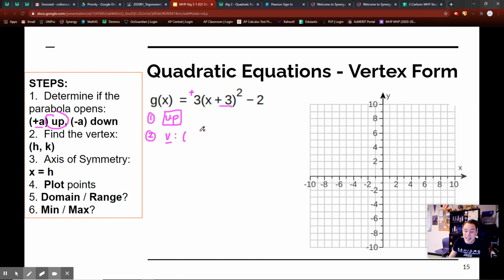I'm not going to take that positive 3 because there's a built-in negative that says minus a negative 3. So I'm going to take the negative 3 right there. So always take the opposite sign. But when it comes to the k, I don't need to take the opposite sign. So negative 3, minus 2. Fantastic. Let's go ahead and plot that. So negative 3 and minus 2.